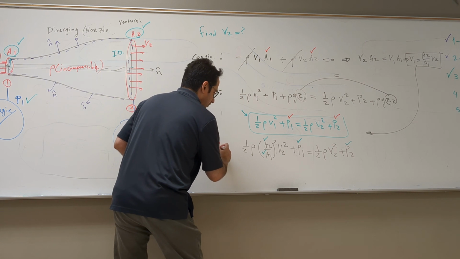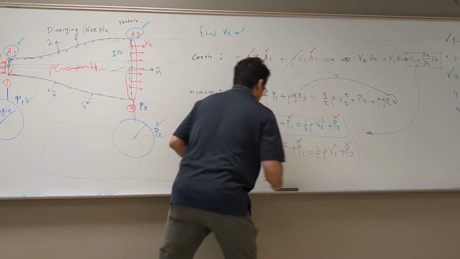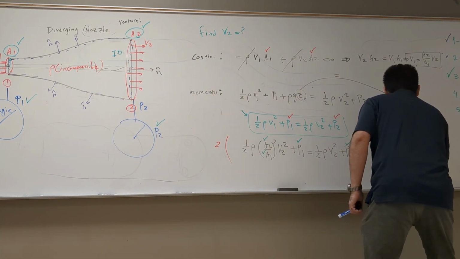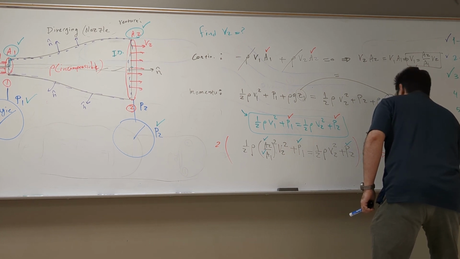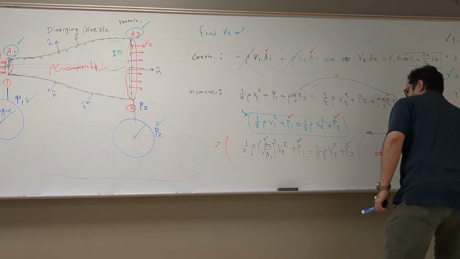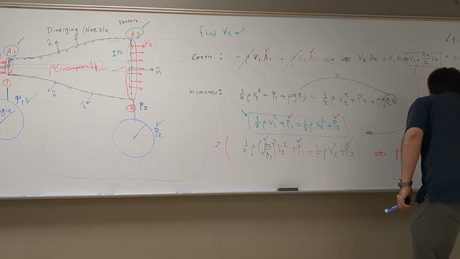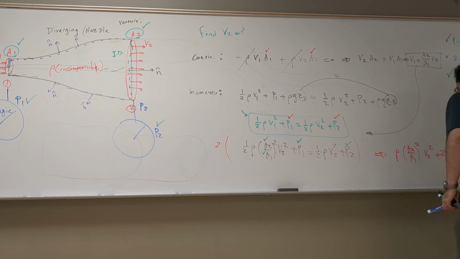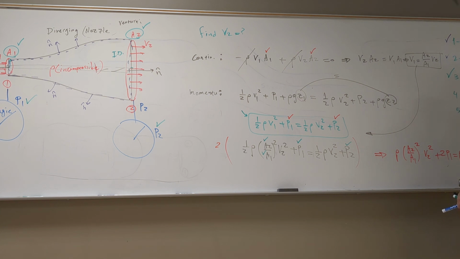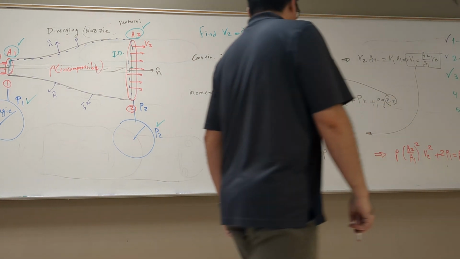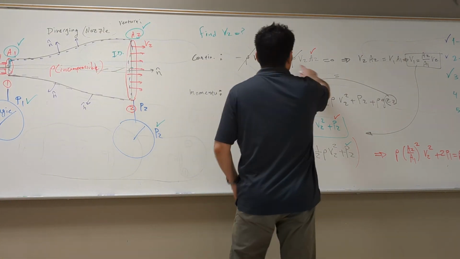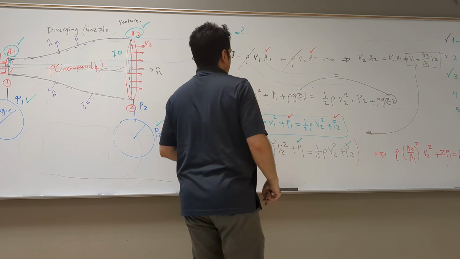If you multiply both sides by 2, then you get rho (A2 over A1) squared V2 squared plus 2P1 is equal to rho V2 squared plus 2P2. I think it should be A1 over A2. A1 over A2. Divide by A2. So solve this for V1, you get A2 over A1.